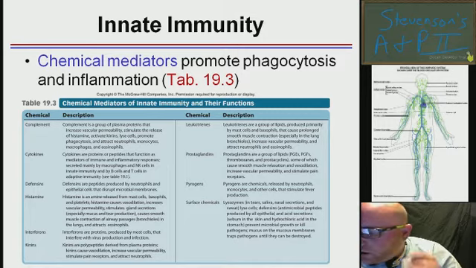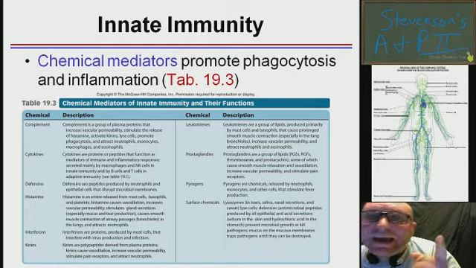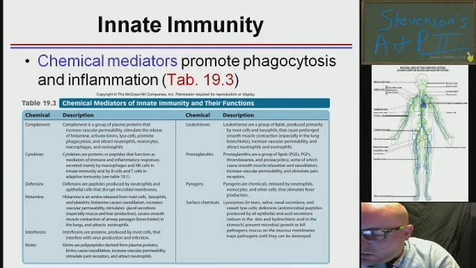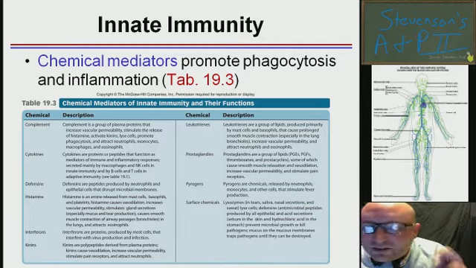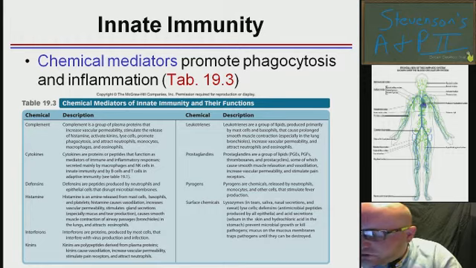Okay, and then we also have the interferons. Interferons are proteins that are produced by most cells that interfere with virus production and infections. Then we also have the kinins, and the kinins are polypeptides derived from plasma proteins, and the kinins cause vasodilation, increase vascular permeability, stimulate pain receptors, and attract neutrophils.